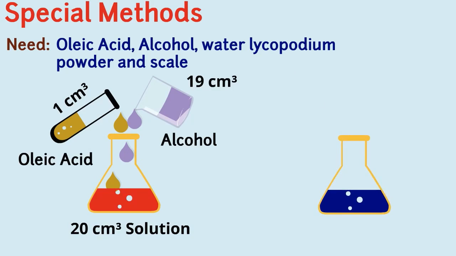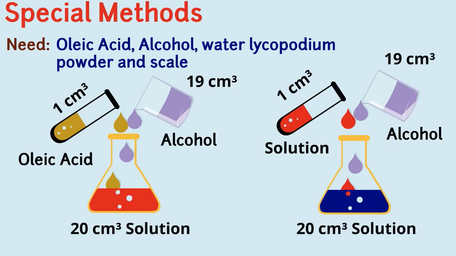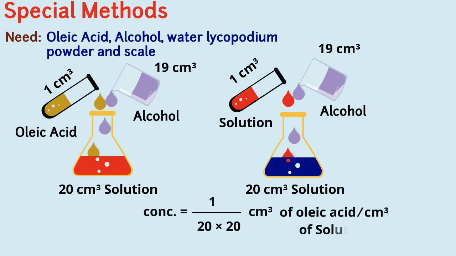Then, take 1 cm cube of this solution and add it to 19 cm cube of alcohol again. The concentration of resulting solution becomes 1 by 20 into 20 cm cube of oleic acid per centimeter cube of solution.